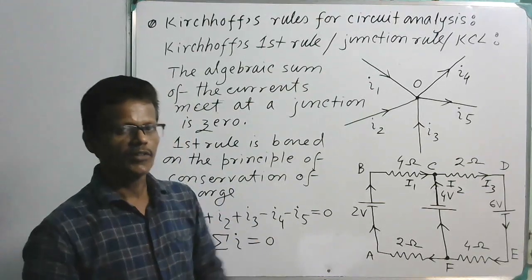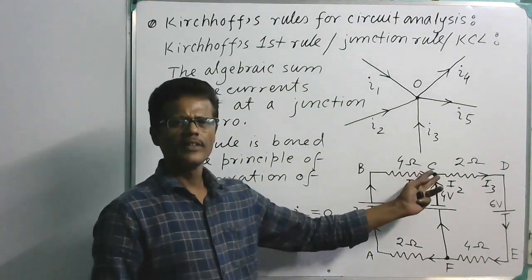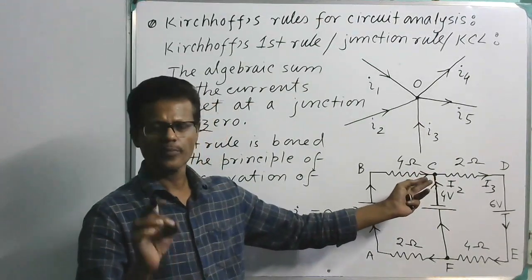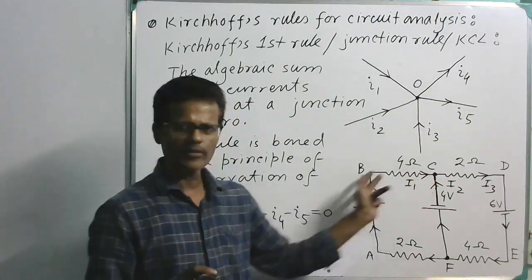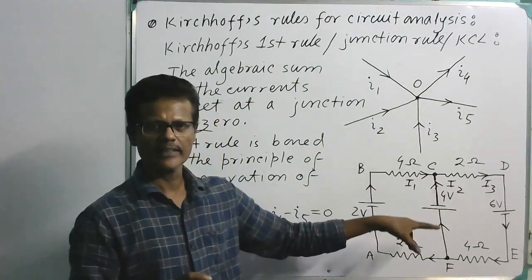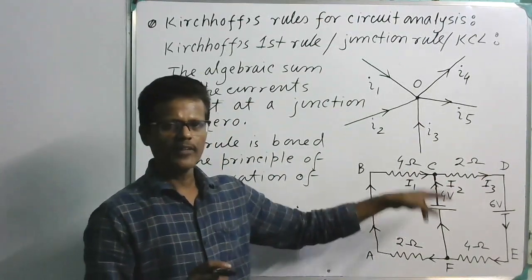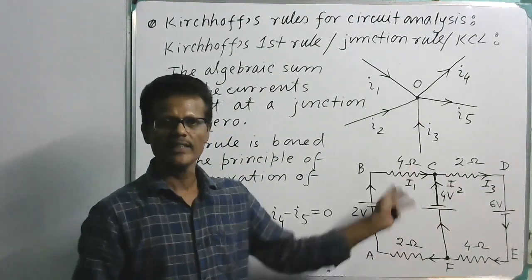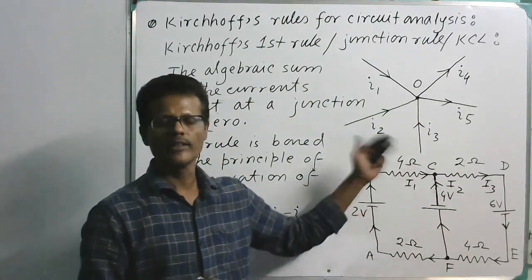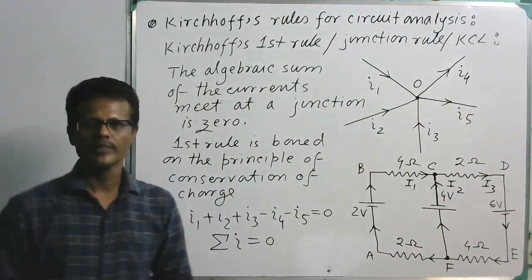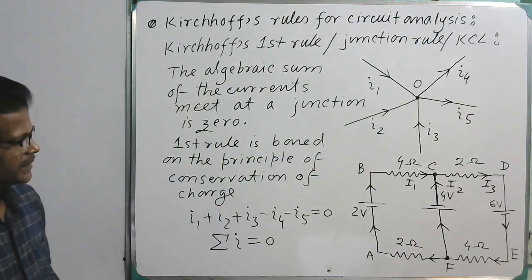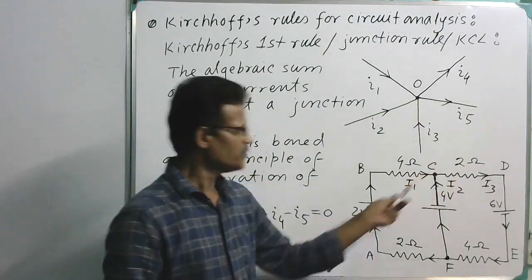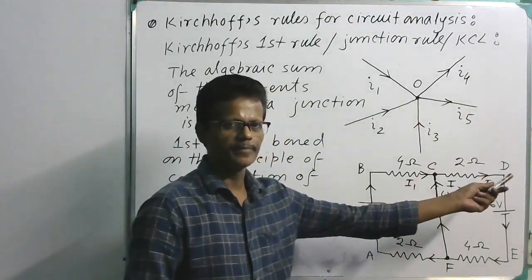After solution, if the value of current is positive, then your assigned direction is correct. If the value is negative, then you just reverse the assigned direction and you will get the actual direction of the current. Two currents may be entering, one leaving.